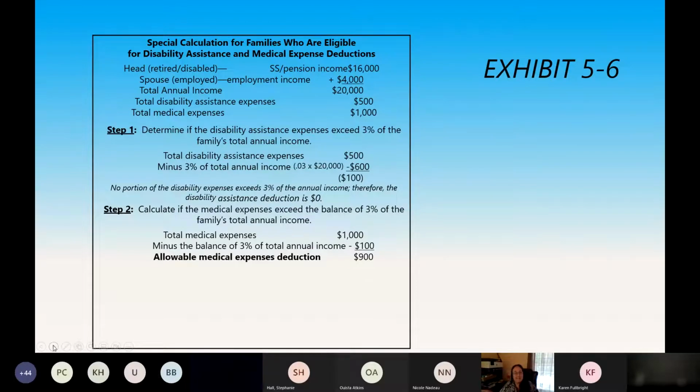Therefore, the disability assistance deduction in this case would be 0. Calculate the medical expenses to see if they exceed the balance of 3% of the family's total annual income. Their total medical expenses are $1,000 minus the balance of 3% of the total annual income, which is the 100. The allowable medical expense deduction would be $900.